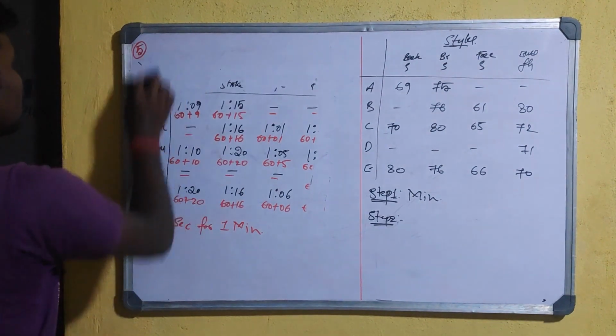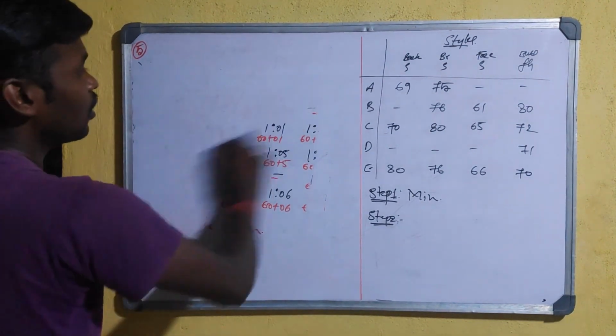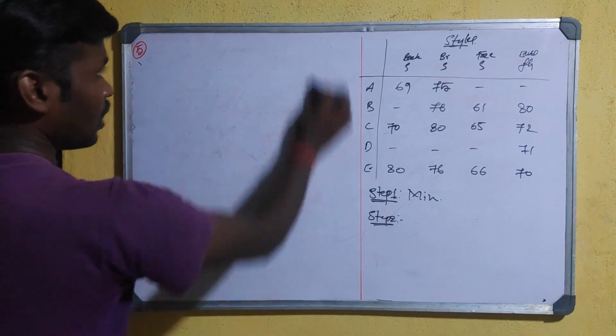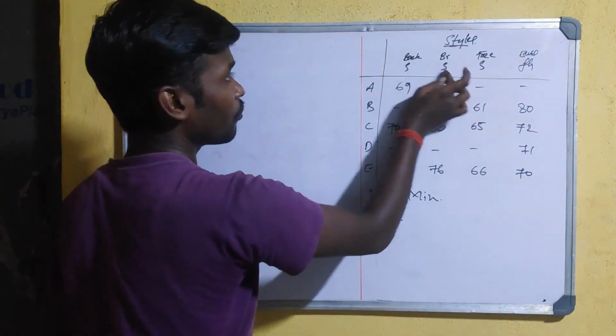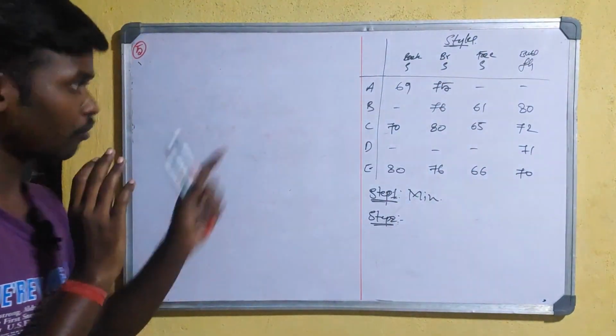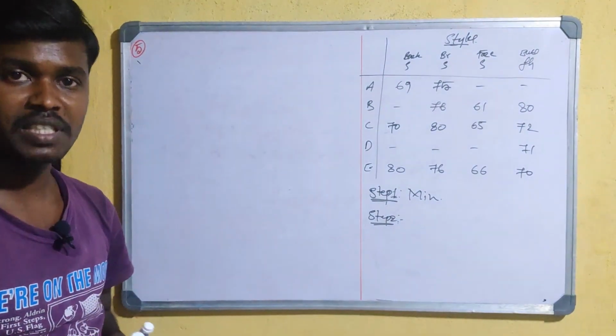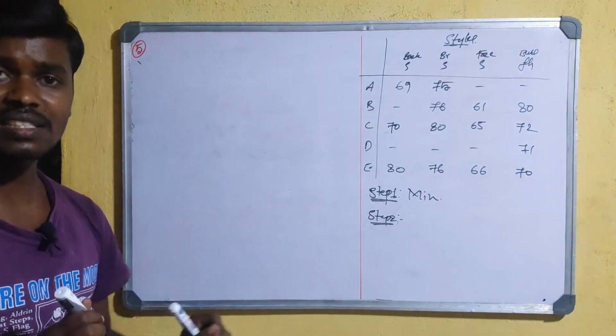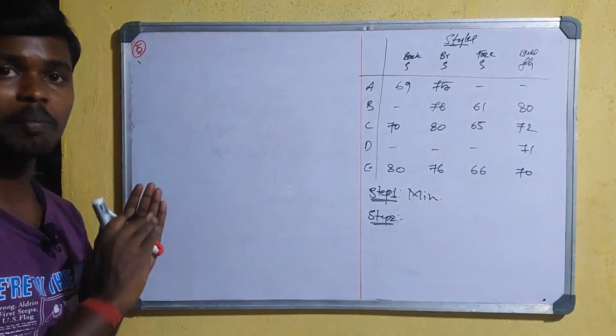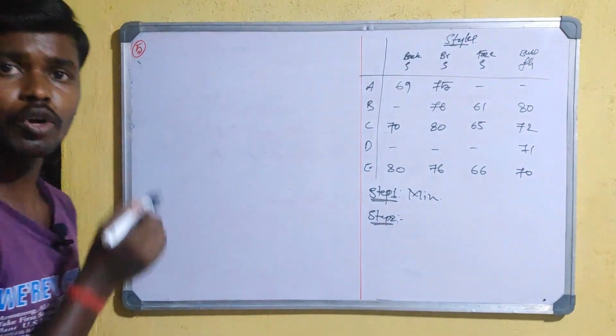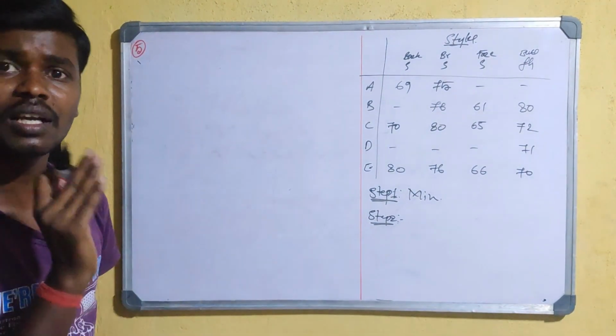See, how many swimmers are there? 5 swimmers are there, but only 4 styles are there. 5 swimmers are there, but only 4 swimming styles are there. So in the second step of the Hungarian method, we have to balance, right? So how are we going to balance? That is by adding a dummy column or dummy row.